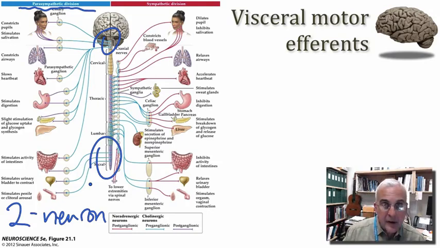Consequently, the ganglionic neuron in this system extends only a short distance to reach the effector tissue itself.